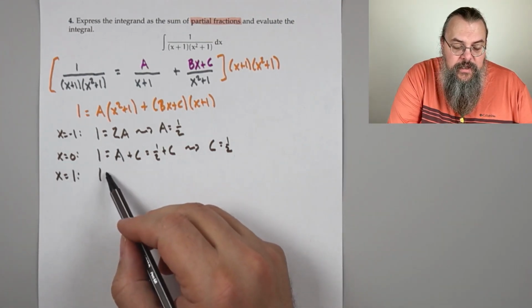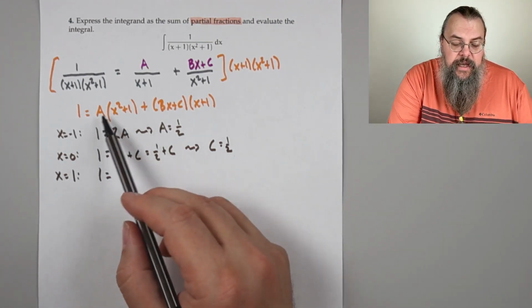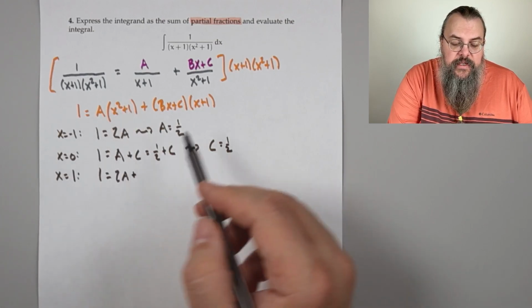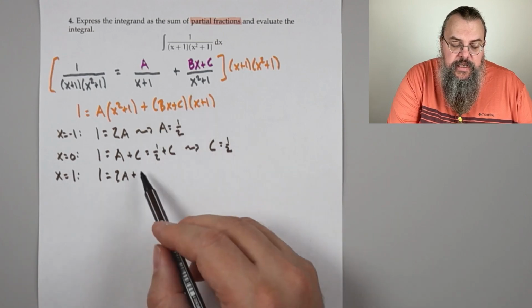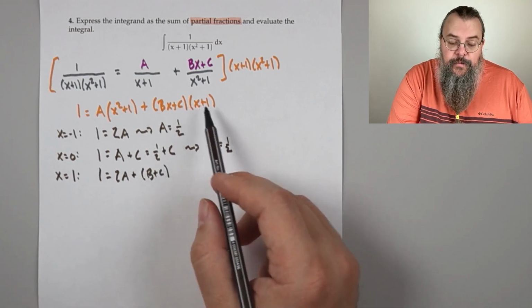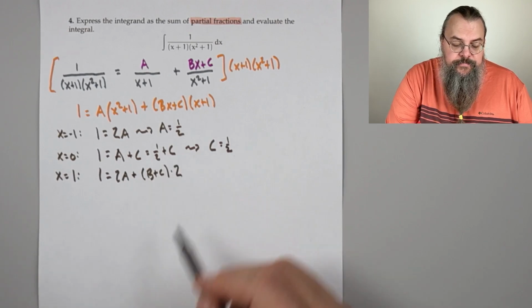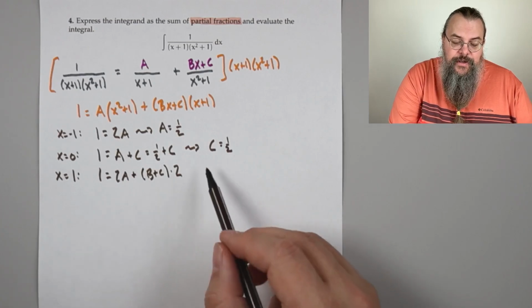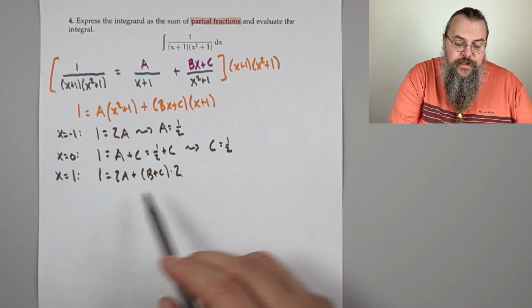So 1 is equal to a times 1 plus 1, that's 2a, plus b plus c, and then times 1 plus 1, which is 2. Now, we already know that 2a equals 1, so what does that tell us?